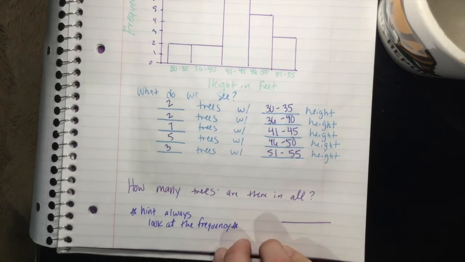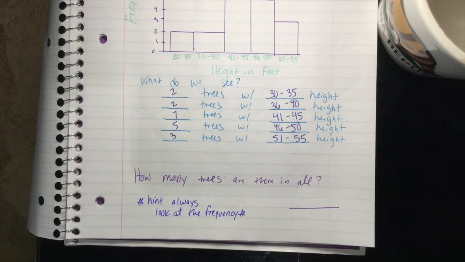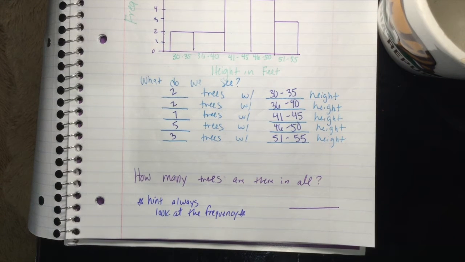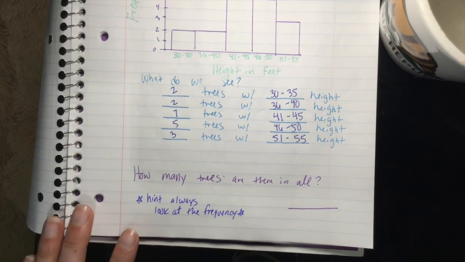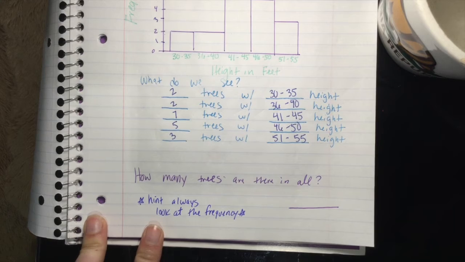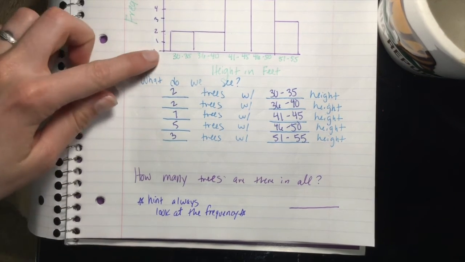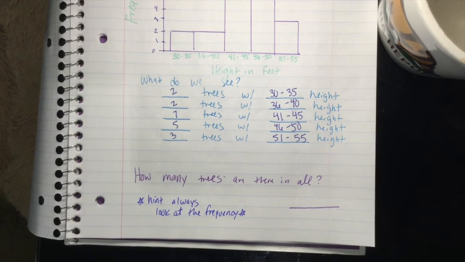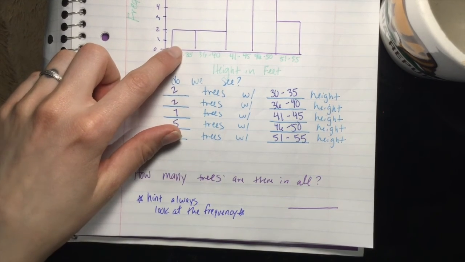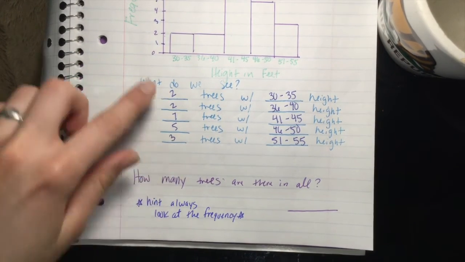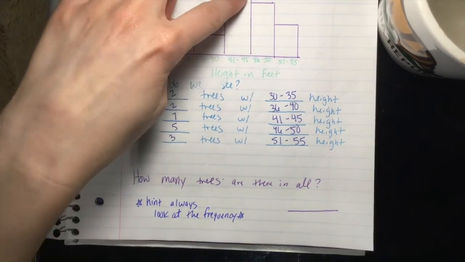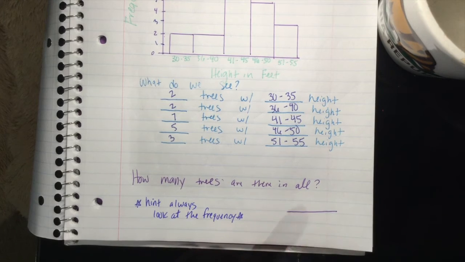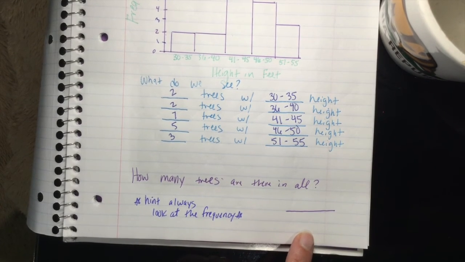And the last question that I have is, how many trees are there in all? So how can we figure that out? All right, a hint is to look at the frequency, how many there are. If we add all of these up, 2 plus 2 plus 7 plus 5 plus 3, that's how we get how many trees there are in all.